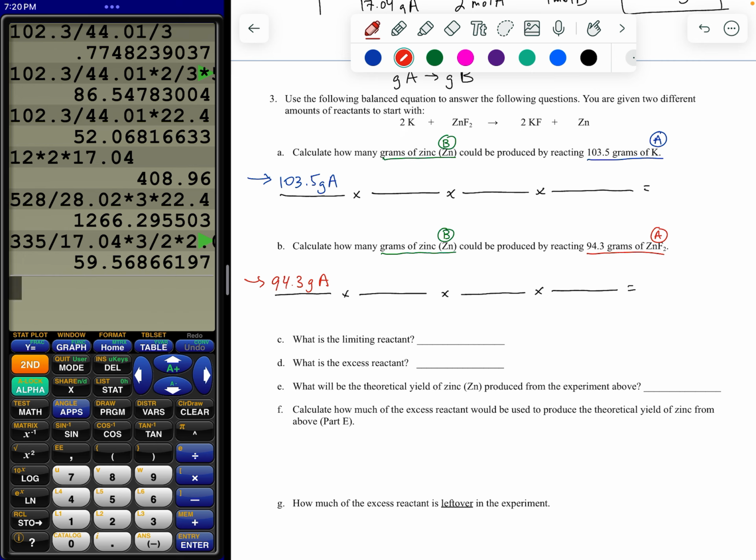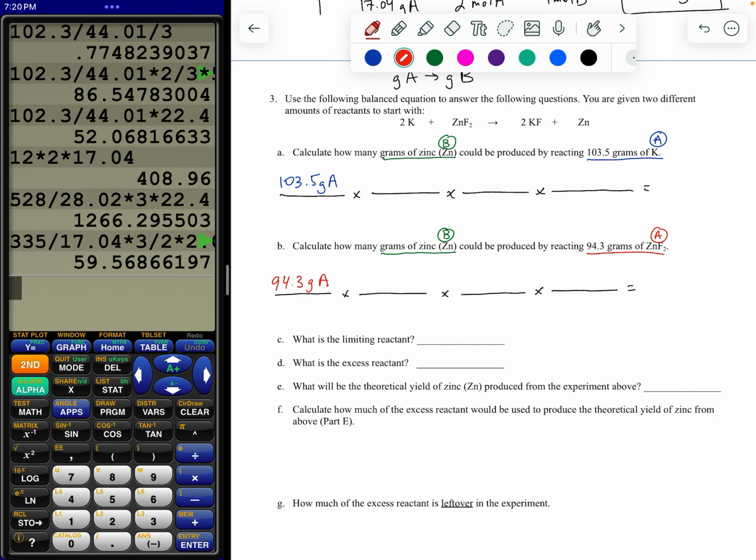So what we need to do is evaluate, well, given these amounts, let's just hypothetically say we're putting these things together in the same reaction. What's going to get used up first, right? And that's going to be our limiting reactant. It's also going to produce what we call our theoretical yield. We're going to be limited to the amount of product that we can make.